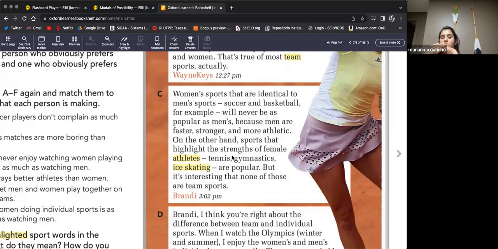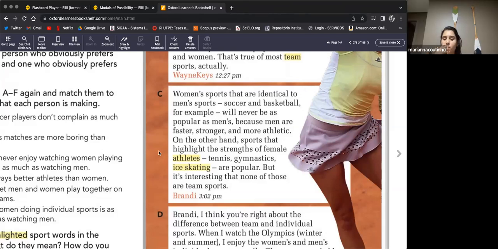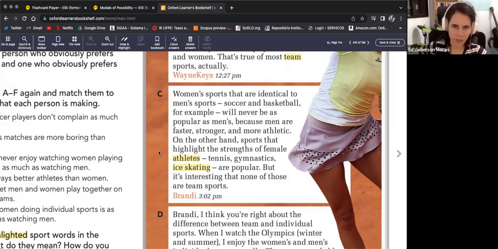Soccer and basketball, for example, will never be as popular as men's because men are faster, stronger, and more athletic. On the other hand, sports that highlight the strength of female athletes, tennis, gymnastics, ice skating are popular. But it's interesting that none of those are team sport. Okay. Be careful with identical.